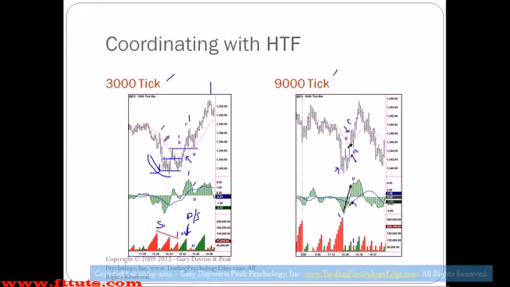All right, and we're seeing now the EMA rolling up on the 3,000 tick chart. We're pulling back to 0, and we have no supply coming in. And then we get a reversal bar and an opportunity to go long here. Okay?